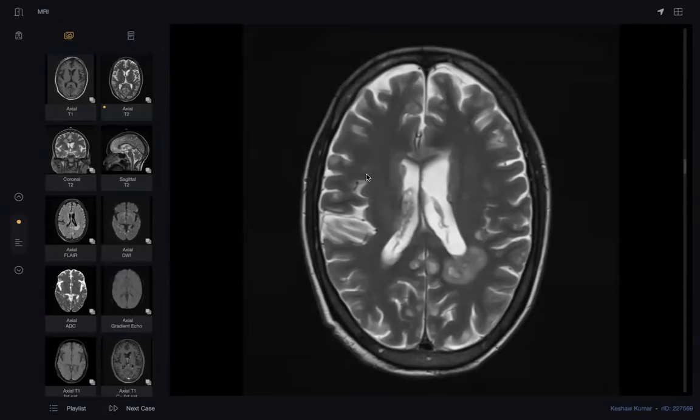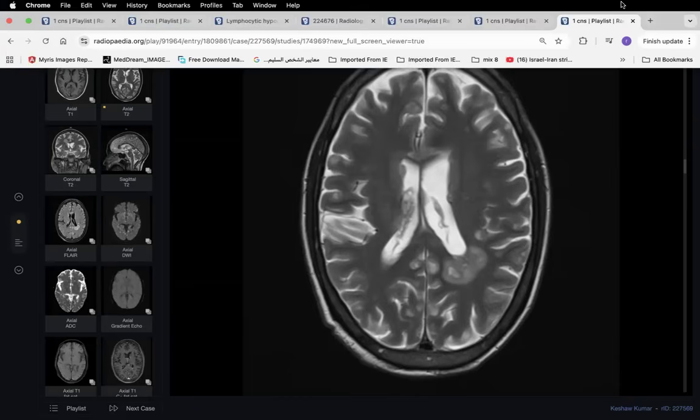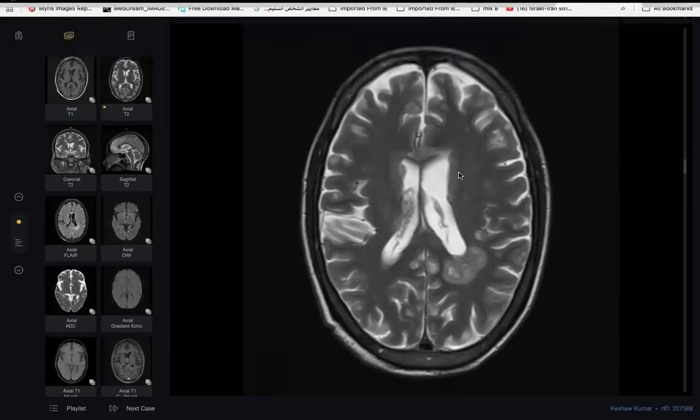What other differential diagnosis rather than metastasis? It could be of immunocompromise.